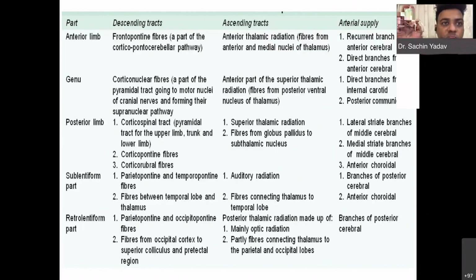Okay, and it can lead to blockage, leading to ischemia and finally infarction. Or those arteries are so thin-walled that high blood pressure can lead to the bursting of those blood vessels, leading to cerebral hemorrhage. Okay, so these are the applied aspects. So depending on the artery involved, the part of the internal capsule will decide which part of the body will get affected. Got it?